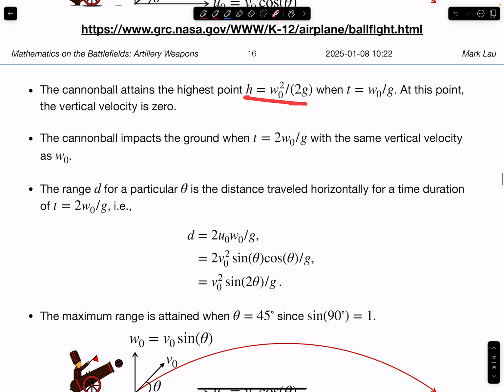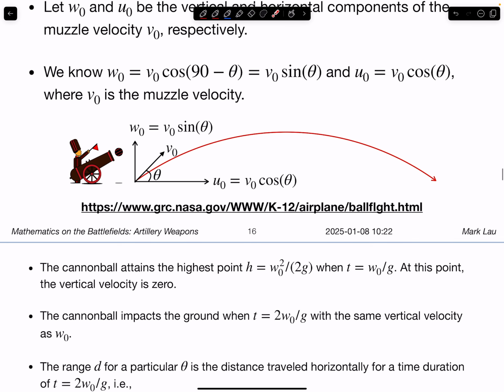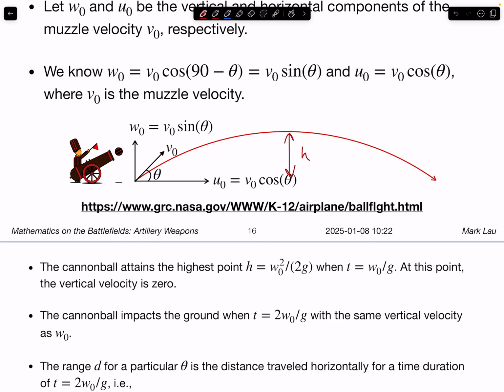Do I have to memorize these formulas? That's the question, because I know that I can derive these. I think I can. Let me just try. This is the maximum height, so basically this is H. Let me just derive it.